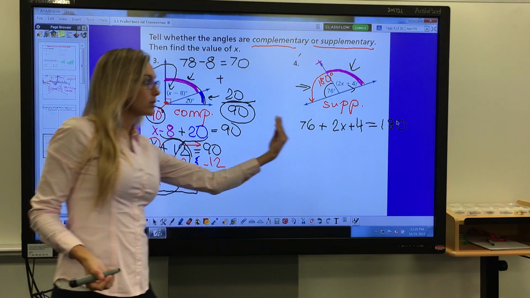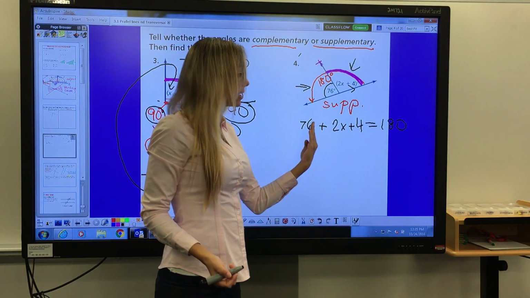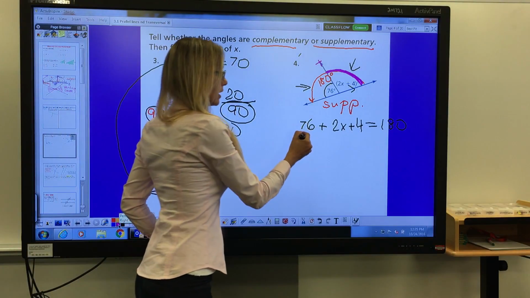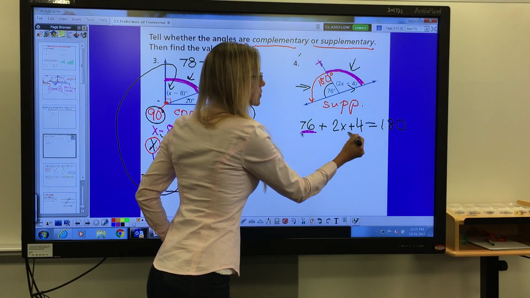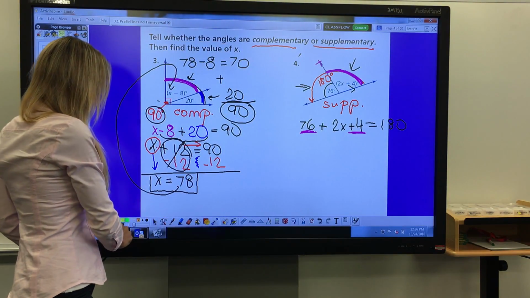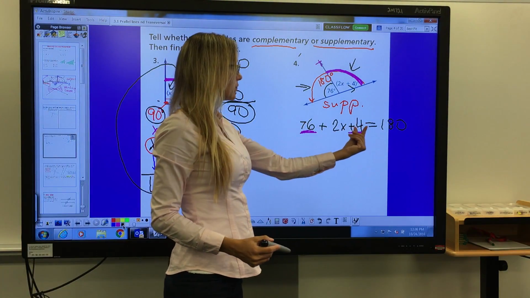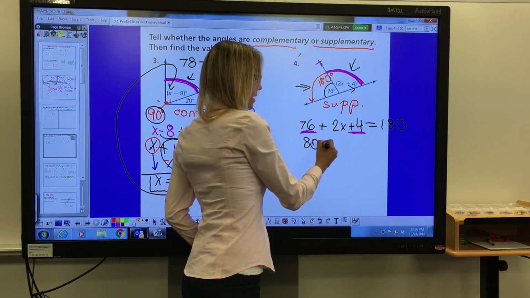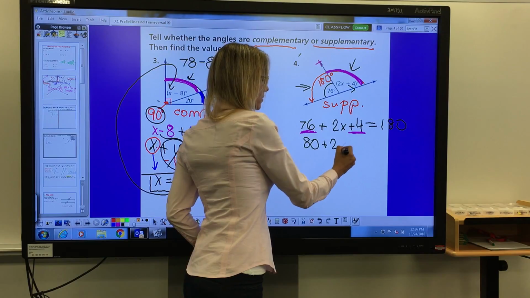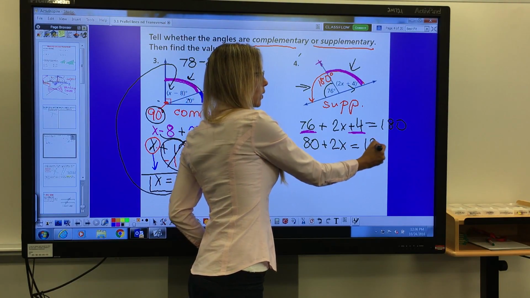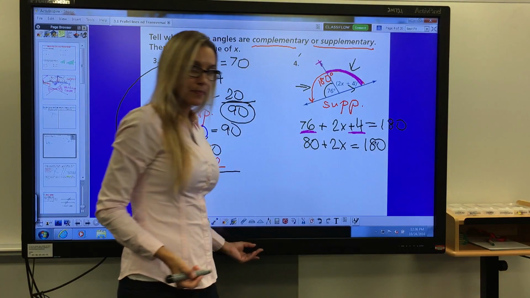Let's look at the left side of the equal sign. Is there anything I can combine? I sure can, right? I can combine the 76 with the positive 4. So let's clean up. 76 plus 4 is 80. I still have that positive 2x, so 80 plus 2x. I still have the equal 180 degrees.